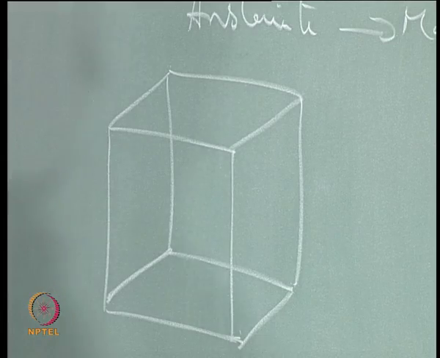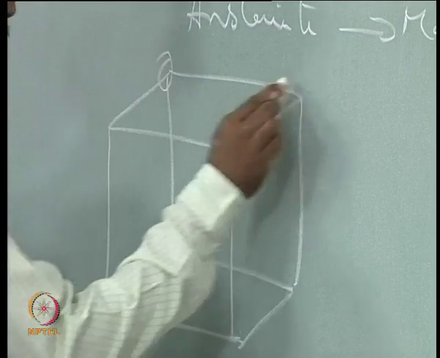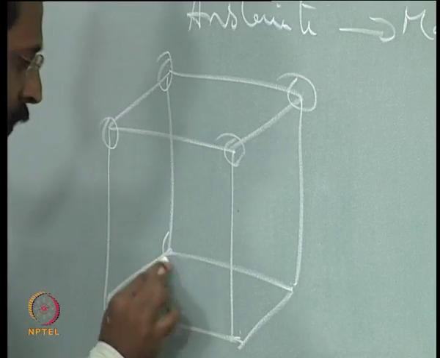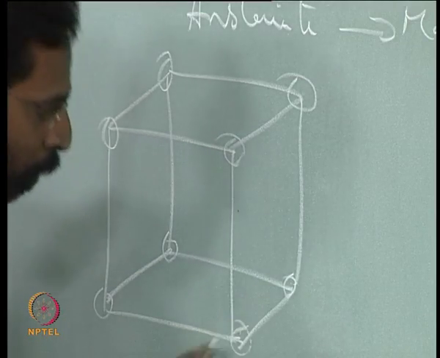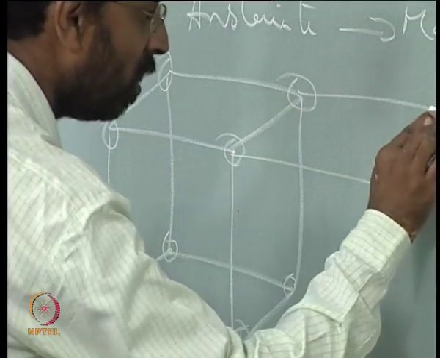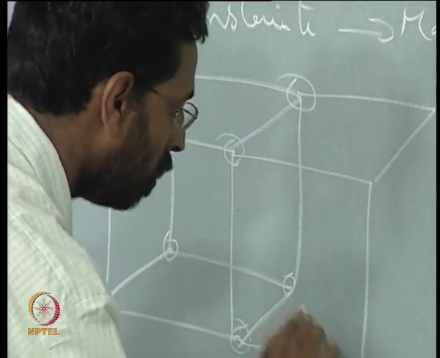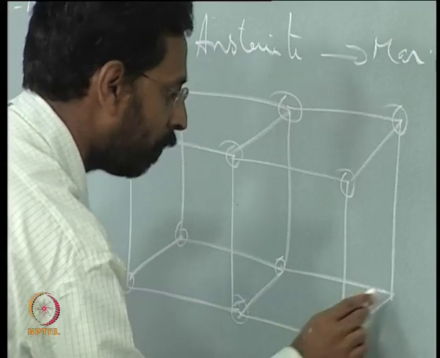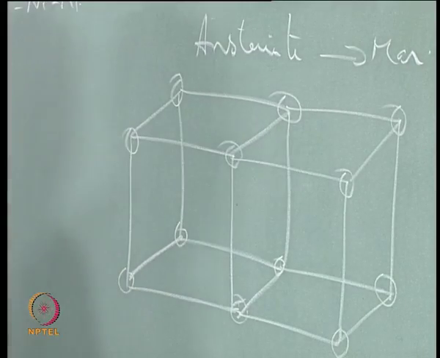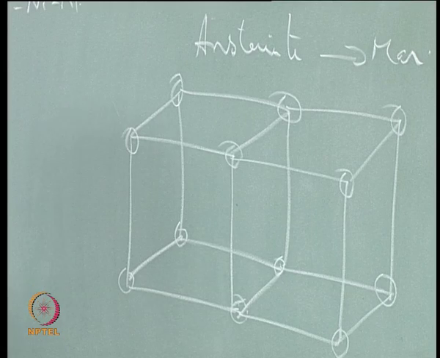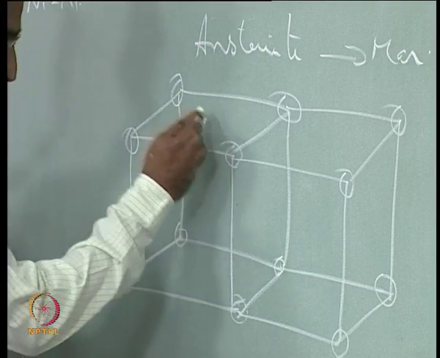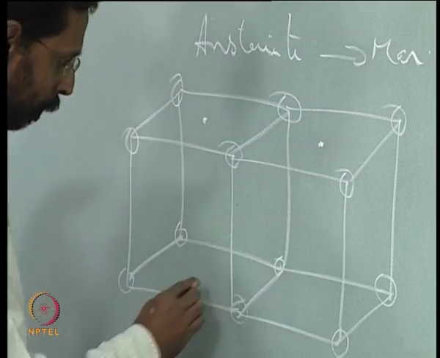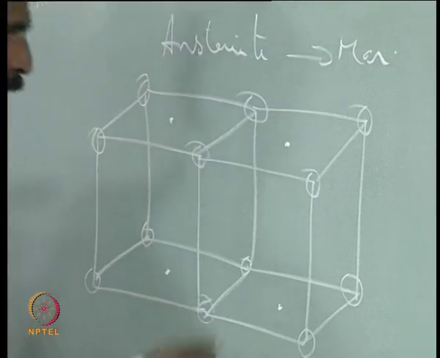if you look at this, what you see is, in principle, if you start thinking of lattice points here and then extend this to one more unit cell like this, and look at these two unit cells together, and if the unit cell is a face centered cubic, that means you have a lattice point here, you have a lattice point here, you have a lattice point here, you have a lattice point here.